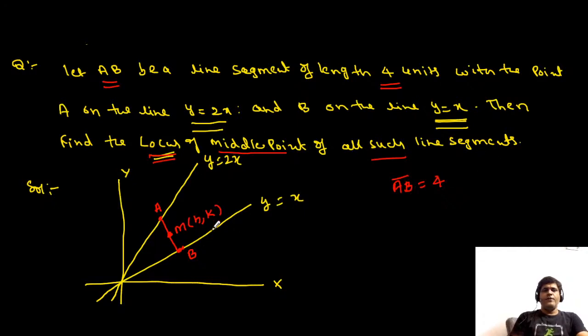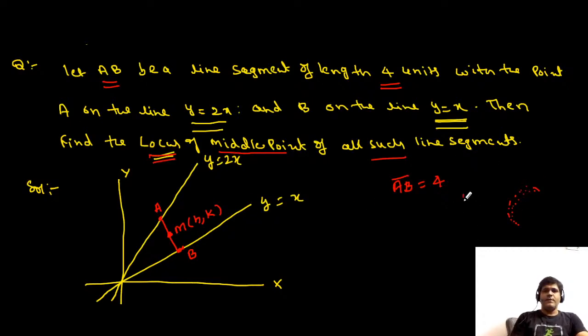Infinitely many line segments of length 4 units we can draw. For different line segments, different middle points will be there. If you trace all the middle points, if you join all the middle points, the locus of all middle points is the question.